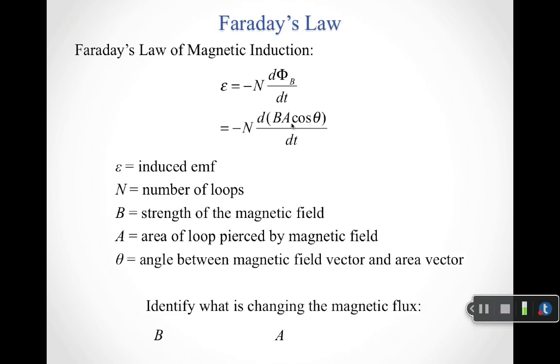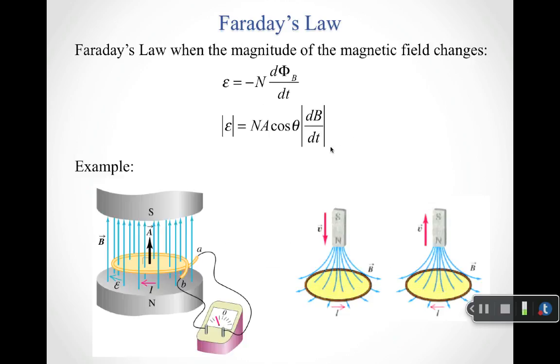So this may be a situation where I have a loop that's entering a magnetic field or leaving a magnetic field, or in some situations where I can shrink the loop, enlarge the loop. So I can change the area of my loop, or I can change the angle between the area vector for my loop and the magnetic field. So these are basically the things that we're going to end up changing.